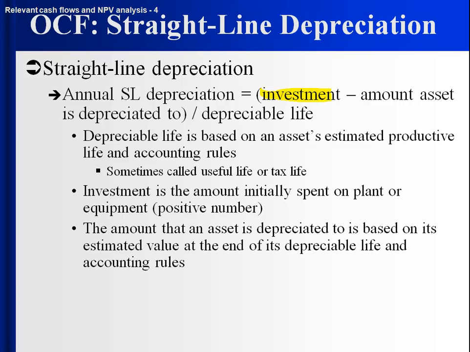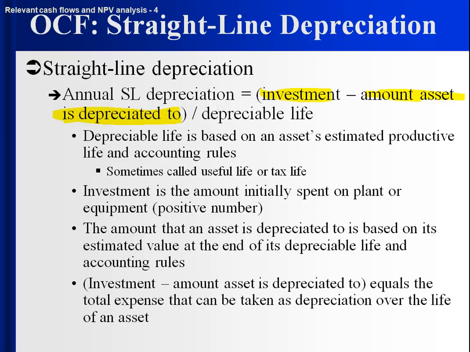We subtract out the amount that the asset's depreciated to. That number is based on how much it will be worth at the end of the depreciable life, which I'll talk about in a minute, with accounting rules. So accountants figure that out, and that total difference, the investment minus the amount that's depreciated to, is the total depreciation expense that gets to be taken, and it's spread out over the depreciable life.